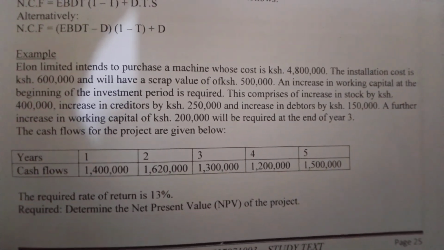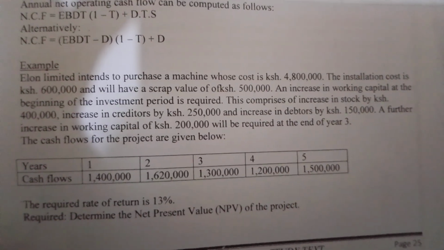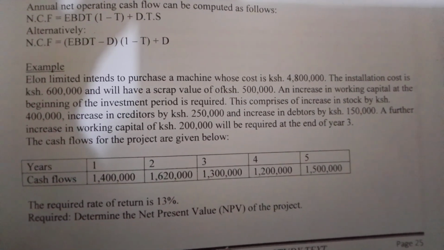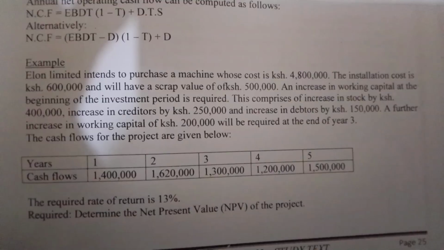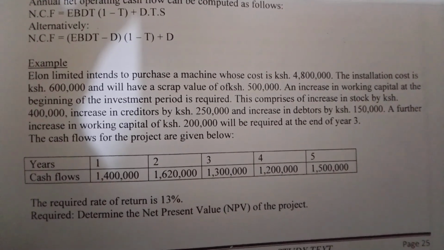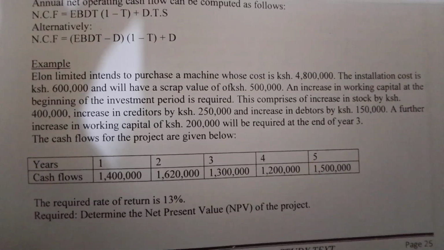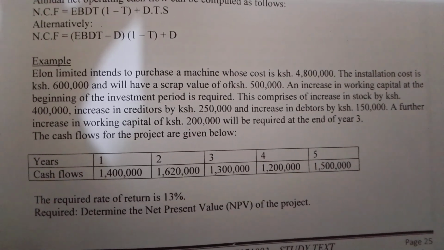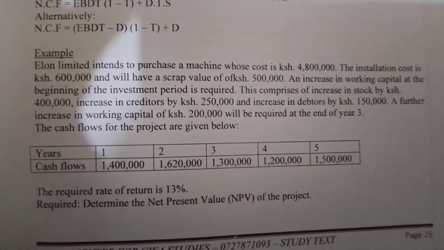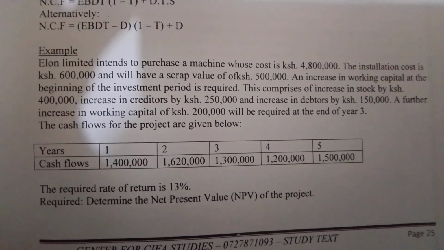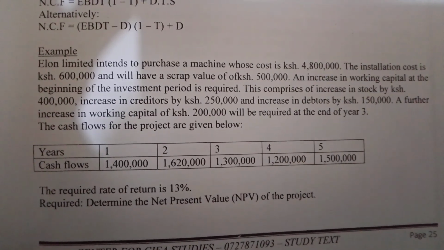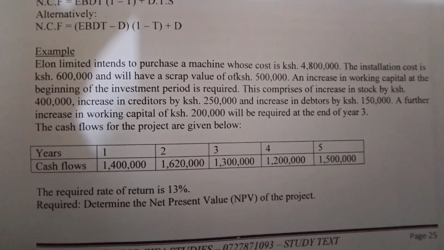Elon Limited intends to purchase a machine whose cost is shillings 4.8 million. The installation cost is shillings 600,000 and it will have a scrap value of shillings 500,000. An increase in working capital at the beginning of the investment period is required.